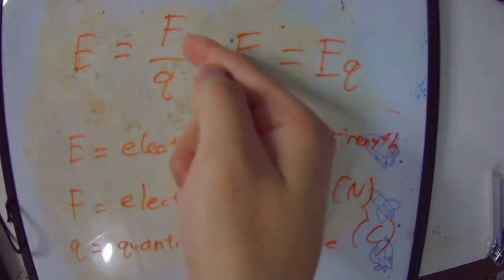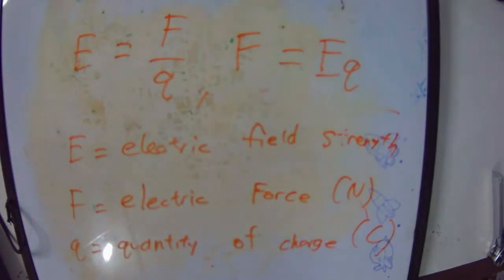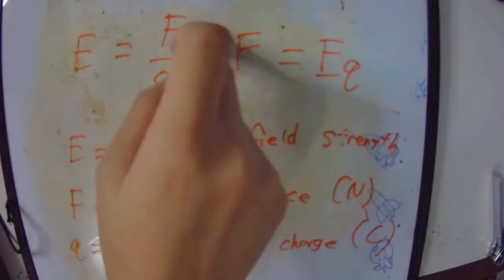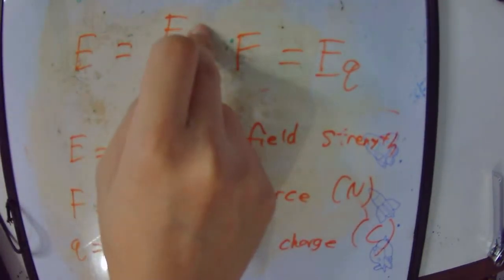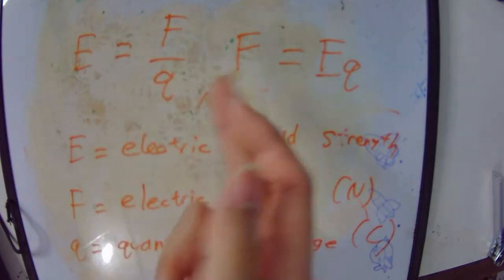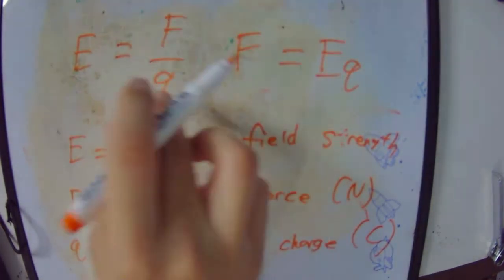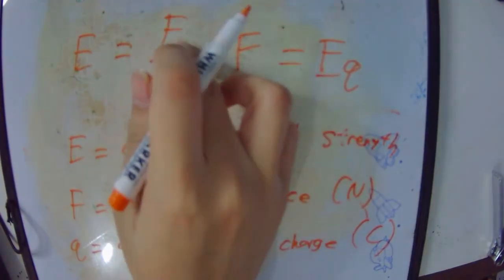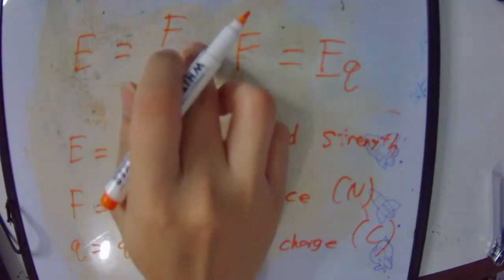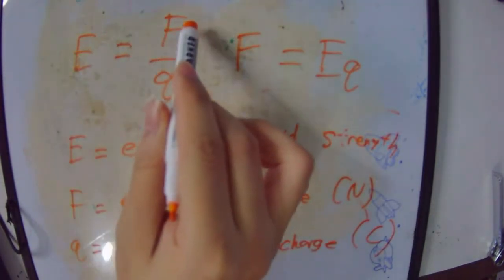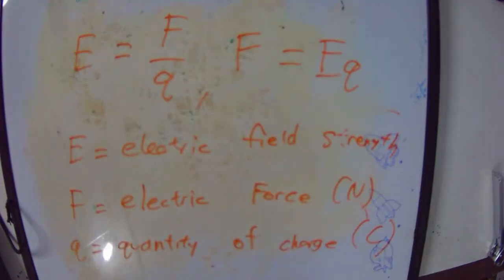So if E equals F over Q, then basically there are two different things that can affect the electric field strength, either by changing the electric force, or by changing the quantity. So, for example, if F remains the same, let's say F is constant, it doesn't change.